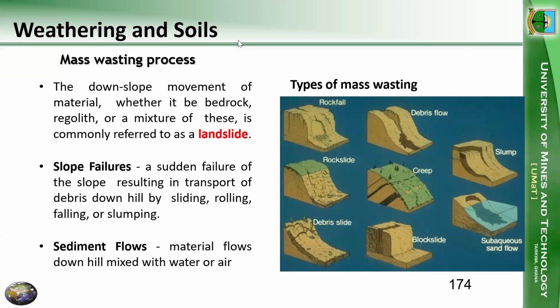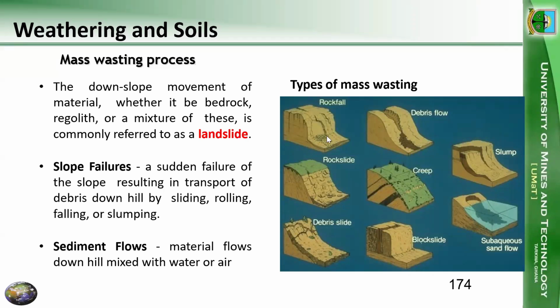The first is what we call slope failures, a sudden failure of the slope. And the second one is the one we dealt with, sediment flows. Material is flowing downhill, mixed with water or air. And we divided the sediment flows into two, granular flows and what? Slurry flows, right? Depending on the amount of water. So here we see different types of failures, and we can broadly classify all this as mass wasting processes.